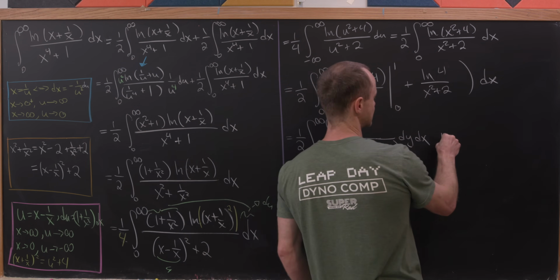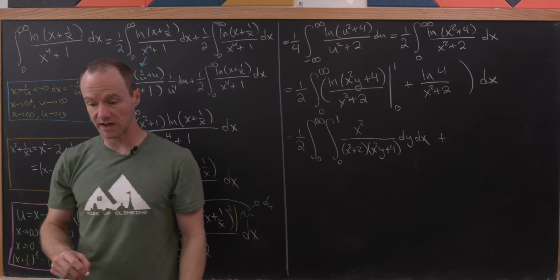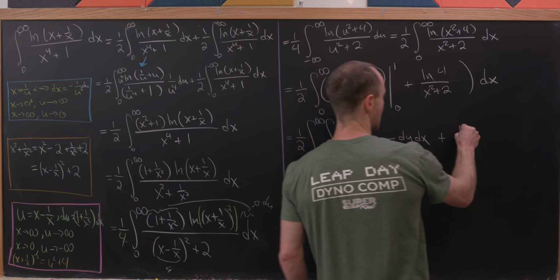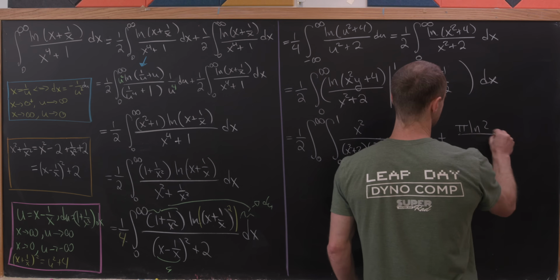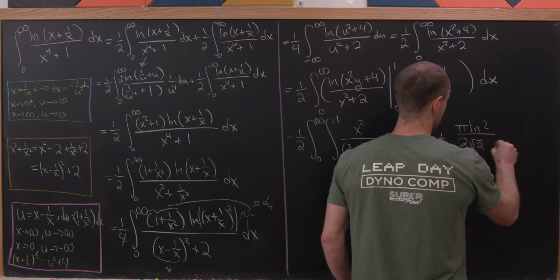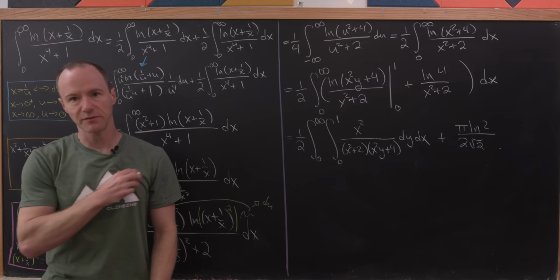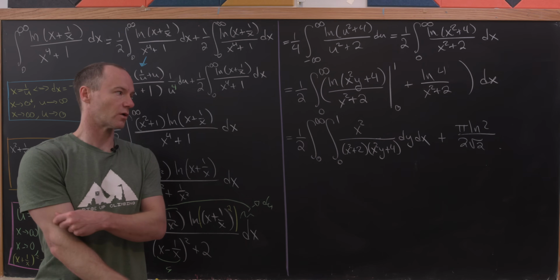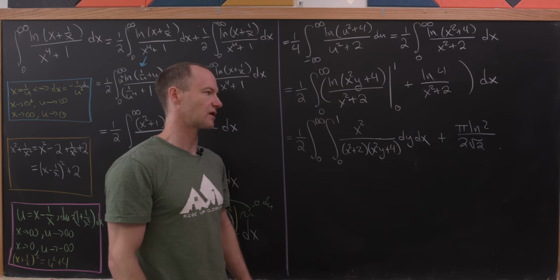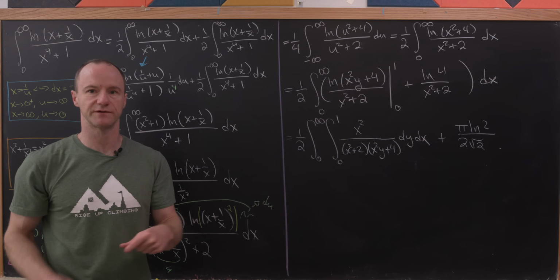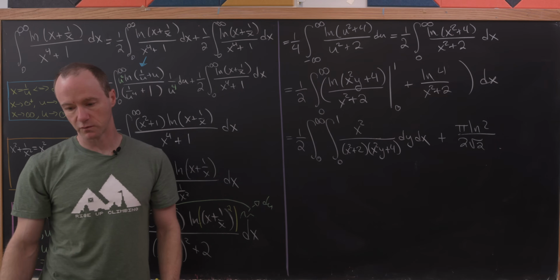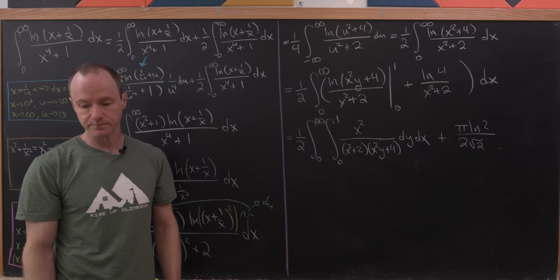And then on the outside here, we'll have plus pi times the natural log of 2 over 2 times the square root of 2. So you might say, well, where did that natural log of 4 go? Well, that really would have been natural log of 4 over 4 times the square root of 2, but then you were using logarithm rules to simplify it a little bit.